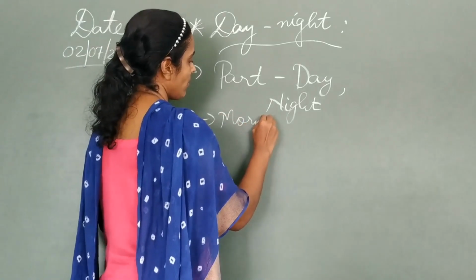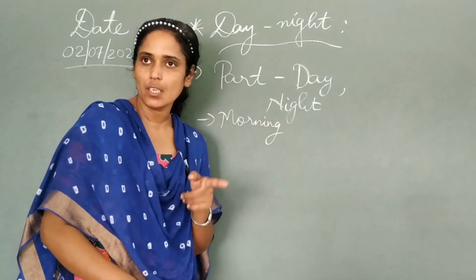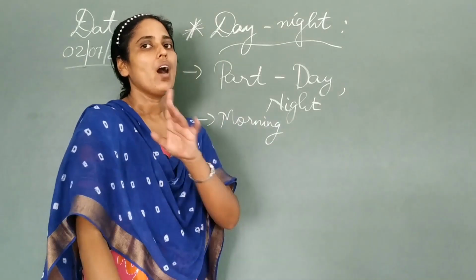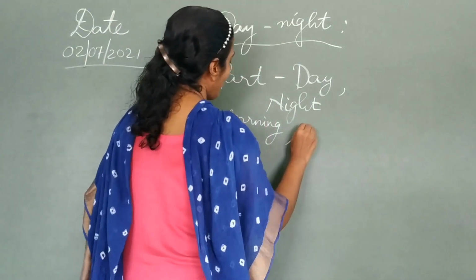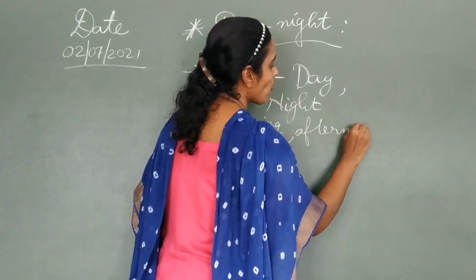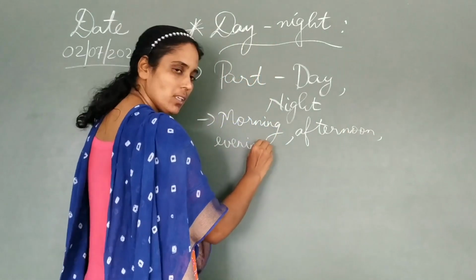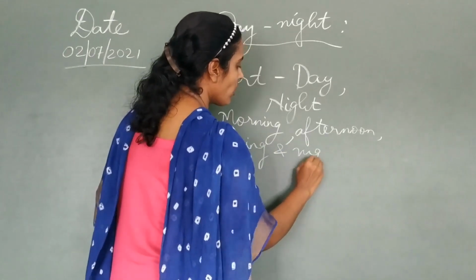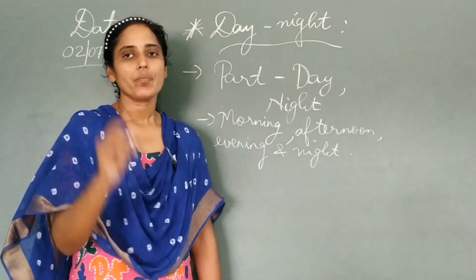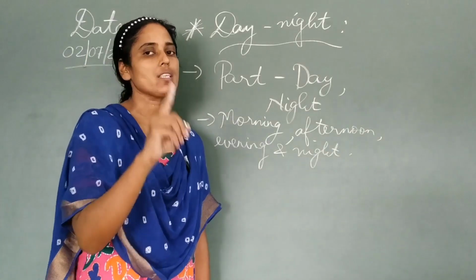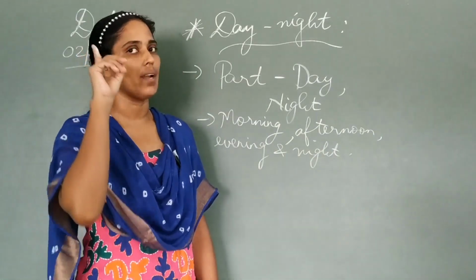We have experiences of morning, afternoon, evening, and night in every part of the earth. Why? Because rotation takes place in one cycle, that is 24 hours. One rotation is equal to 24 hours or one day.